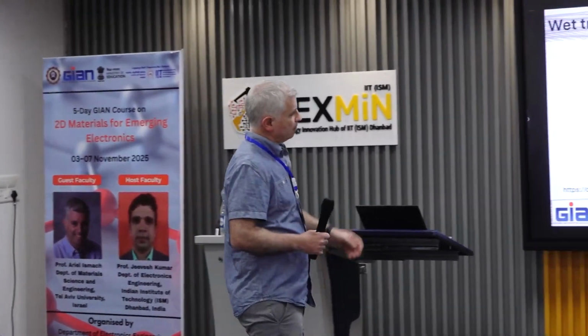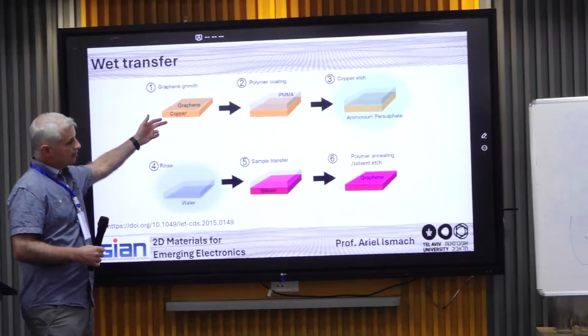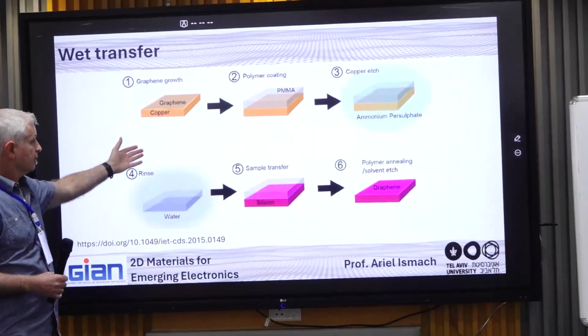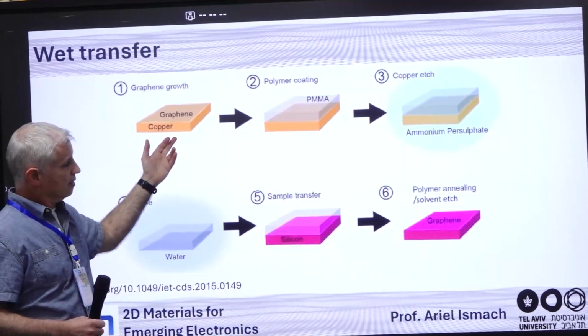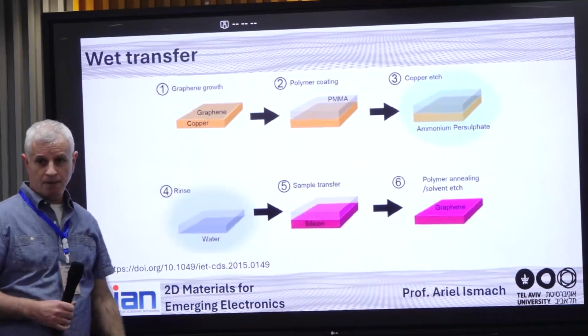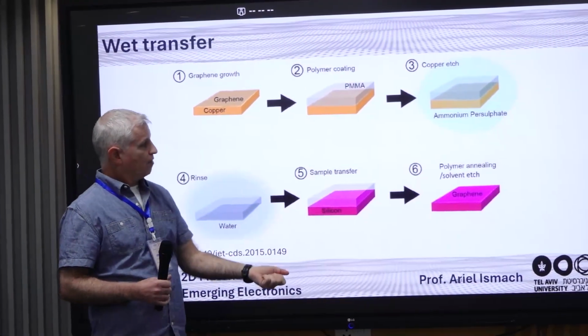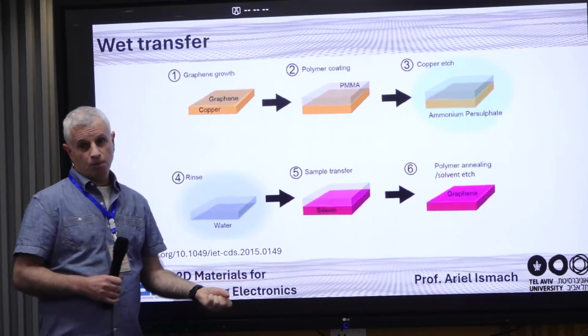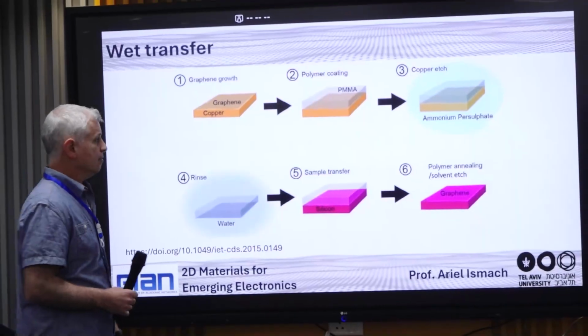After the growth you have the graphene on the copper or the other metals. Then you spin coat this substrate with a polymer, usually PMMA, in order to provide some mechanical support. Remember that we are talking about single atomic layers.